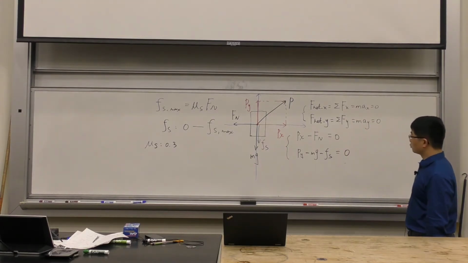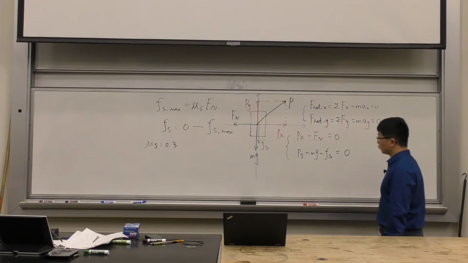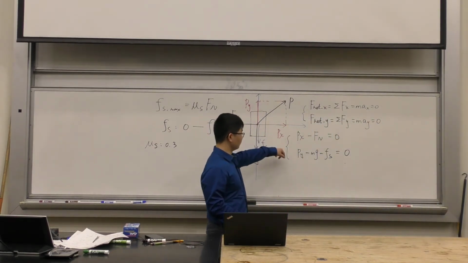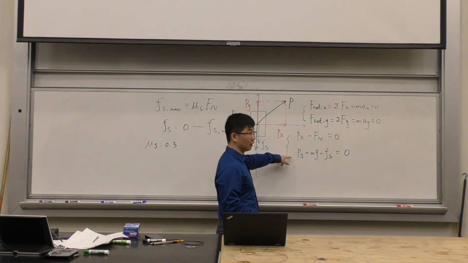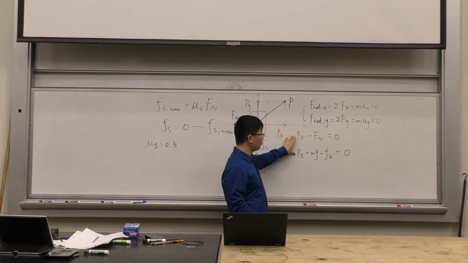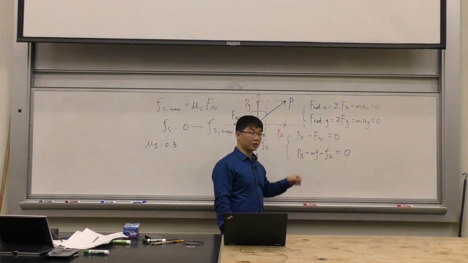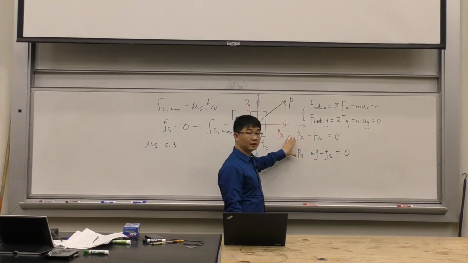Okay, so I want to use these two equations to find the maximum P. But I don't have P here. I only have Px and Py. But remember, we can always write this component as the hypotenuse times sine or cosine. So I will have P in these two equations.